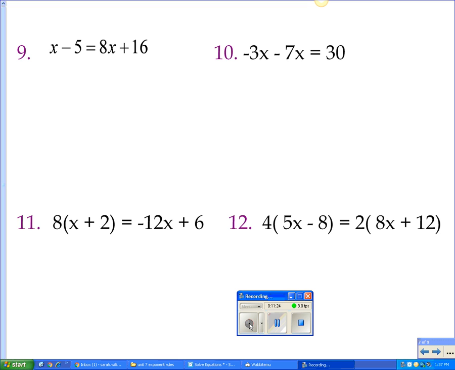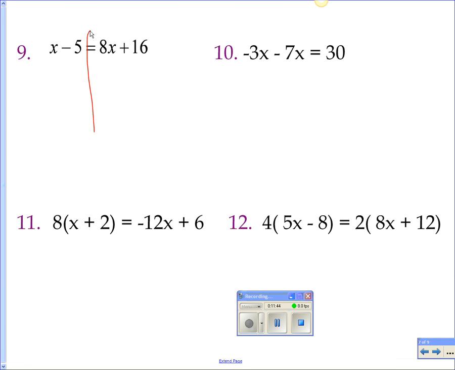All right, number 9, x minus 5 equals 8x plus 16. Nadia, what do I want you to do first? And Devin, tell me something that needs to move. It becomes what? Good. Steven, something else that needs to move.